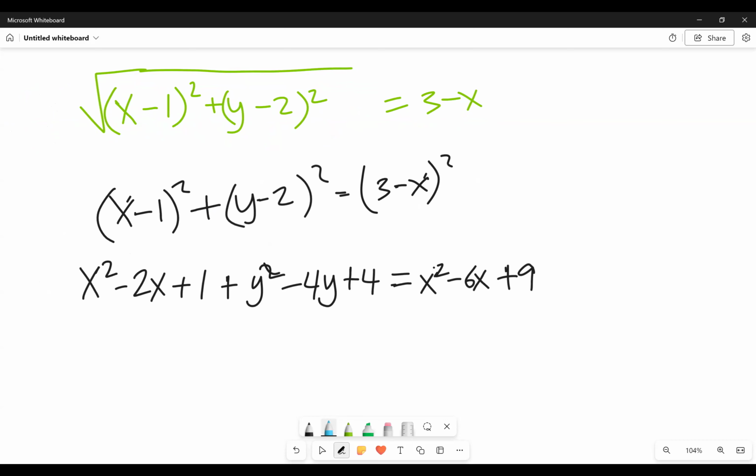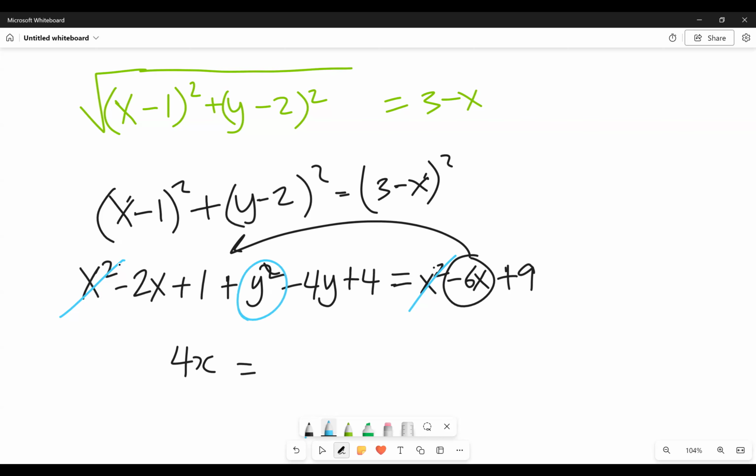this cancels here, right? And we're going to write this: the minus 6x is going to go on this side and become positive 6x, which leaves us with 4x.